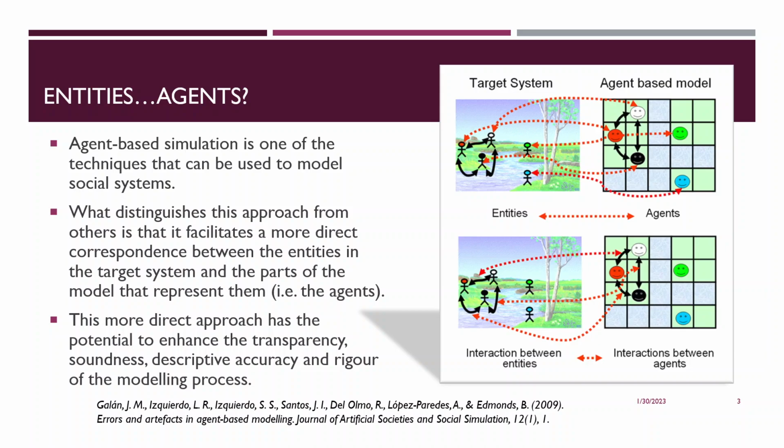But an n-body simulation is more numerical than it is an agent-based model. And the reason I say that, and here's the differentiator, as you can see on the right, is that an agent-based model is more focused on modeling social and or biological phenomena.